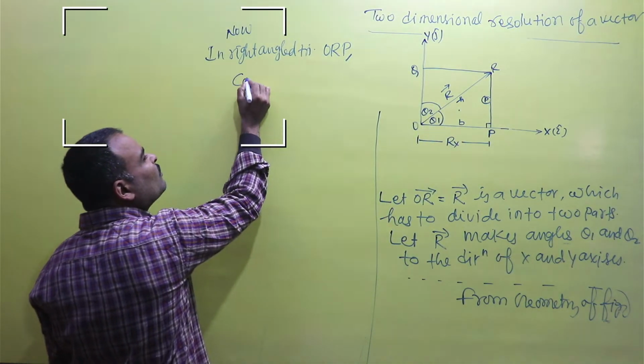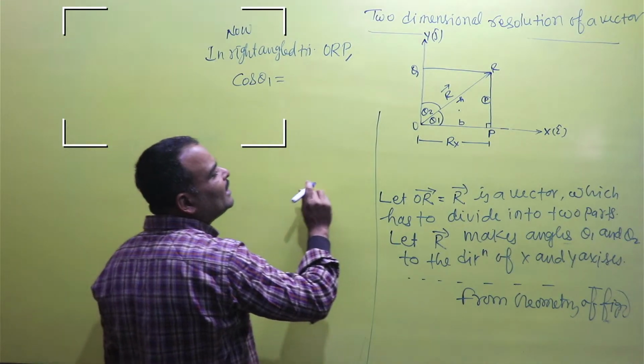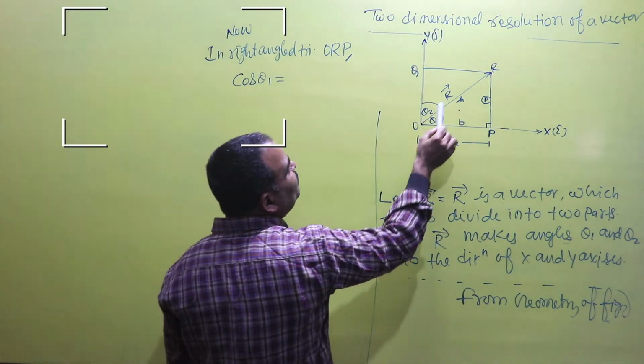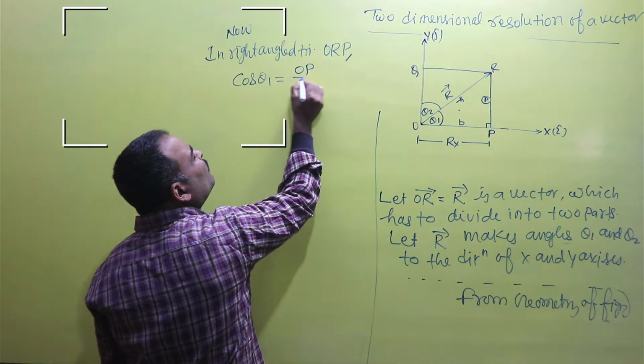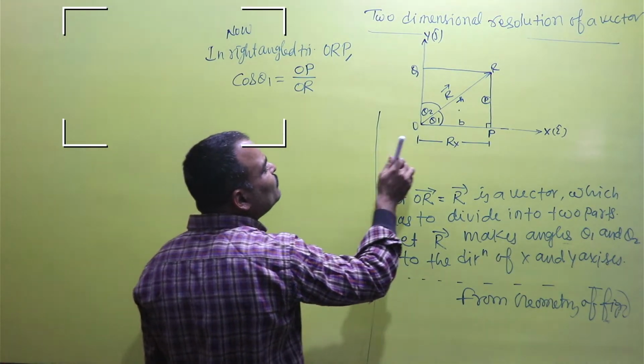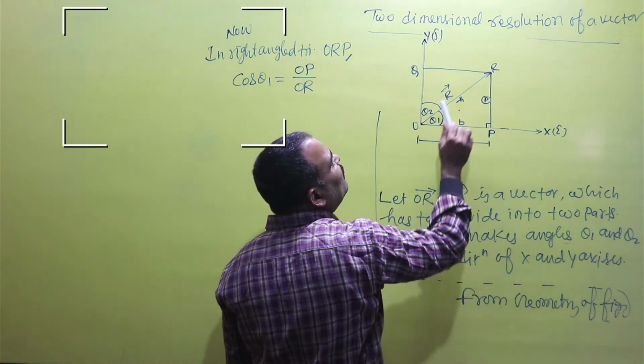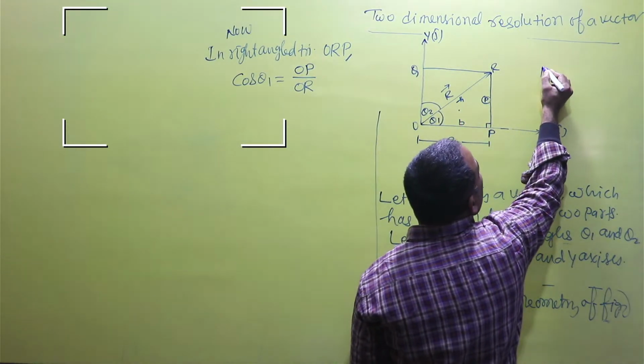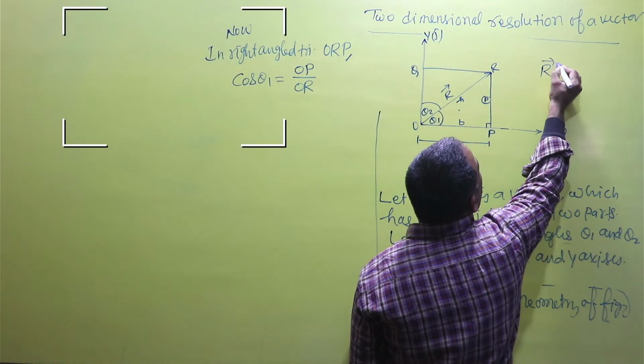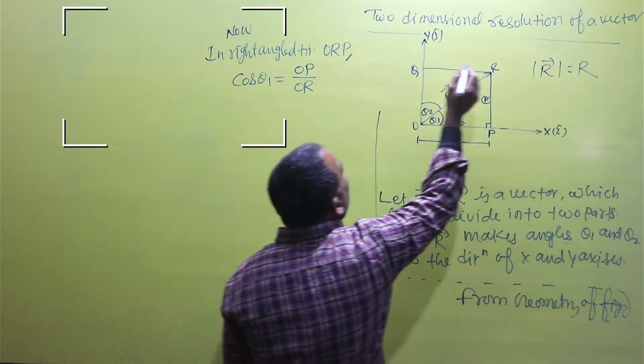So in the figure, cos theta 1 will be b by h and it will be equal to OP by OR. Already you know that OR is the length of the arrow of vector r. It means OR is the magnitude of vector r, that means r.